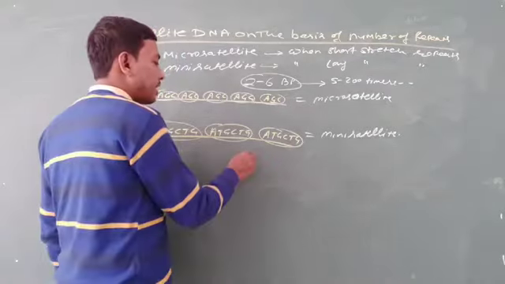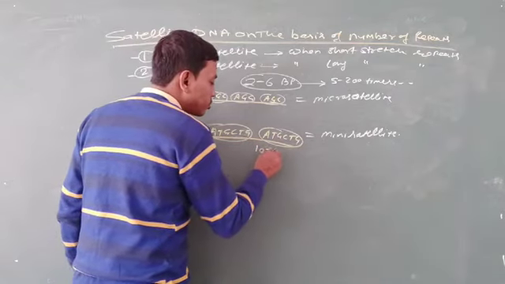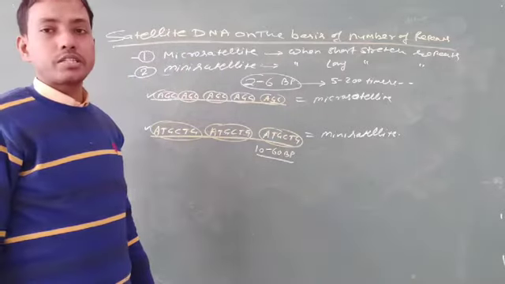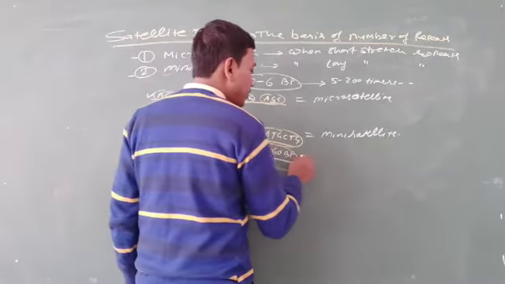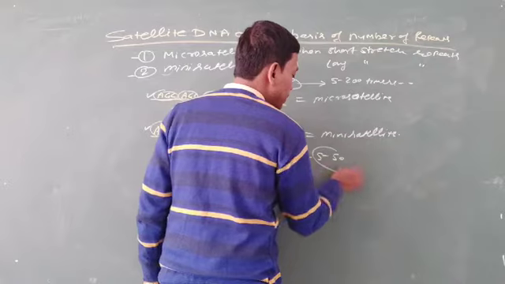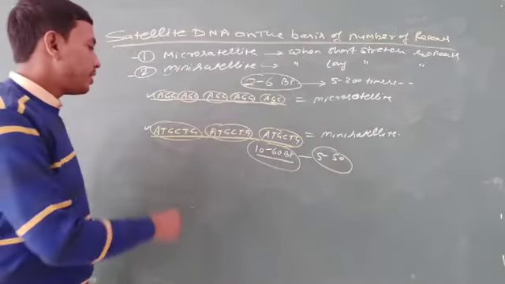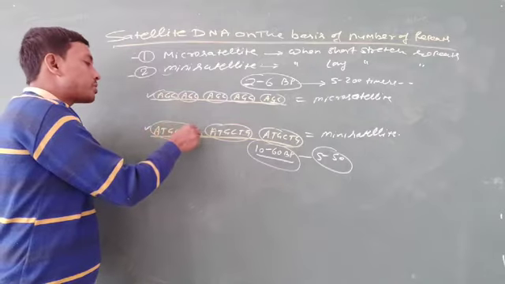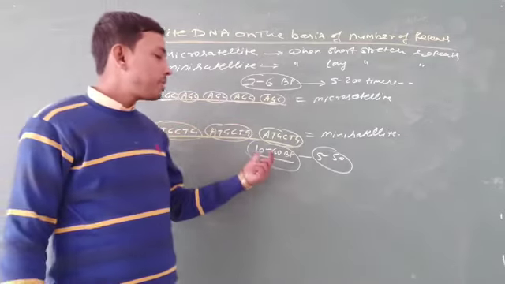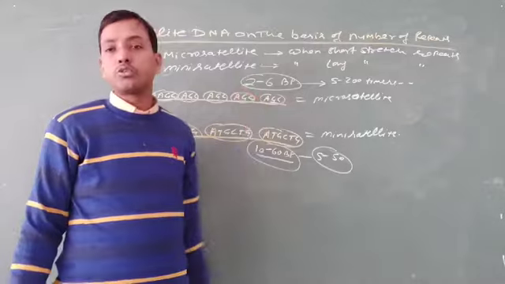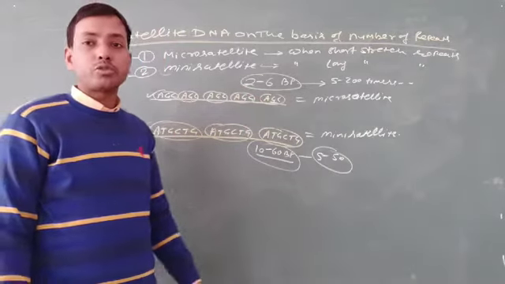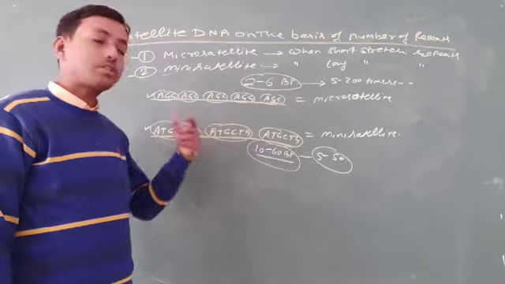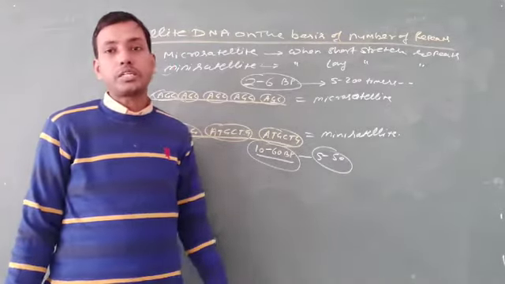In case of mini satellites, the 10 to 60 base pair sequence repeats itself 5 to 50 times. It means ये नाइट्रोजनस की बेस पेयर सीक्वेंस 1 2 3 4 5 6 है, ये मिनिमम 10 हो सकते हैं, मैक्सिमम 60 हो सकते हैं, यानी इससे भी ज्यादा बेस पेयर सीक्वेंस होते हैं जो 5 to 50 टाइम्स रिपीट कर सकते हैं. 5 बार हो सकता है या मैक्सिमम 50 टाइम्स रिपीट कर सकते हैं.